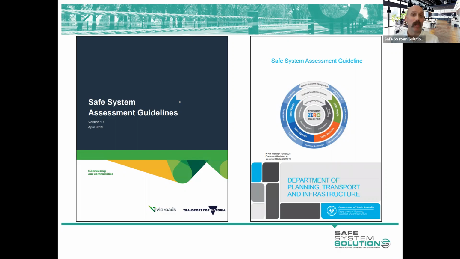We're seeing a lot of the major projects to start with having safe system assessment requirements. We're seeing it integrated into contract requirements out of Transport for New South Wales, where they're simply saying that we want a safe system assessment done at the early stages, and then road safety audits done as the design gets into detailed phases.